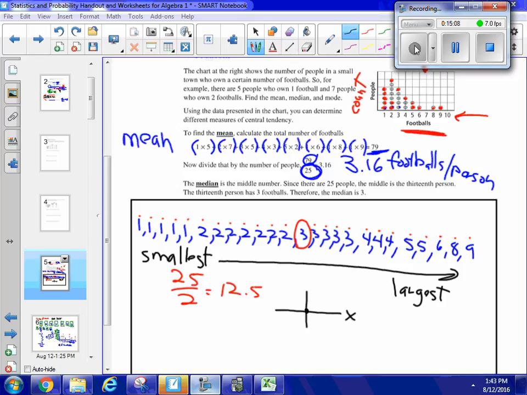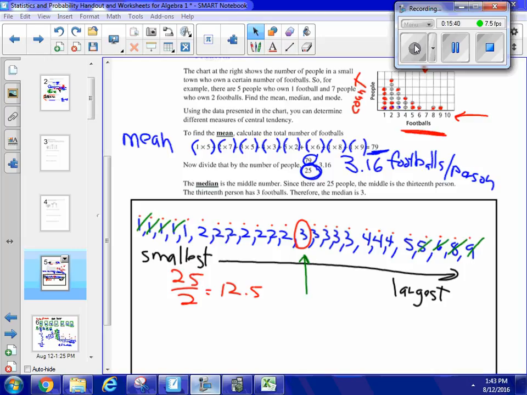Another way people like to do this when they have the numbers all lined up like that is to just go from each side, cross one off here and one off there, and so on. And if you do that, you can see it's going to gradually shrink up, and you're still going to get to the same median.